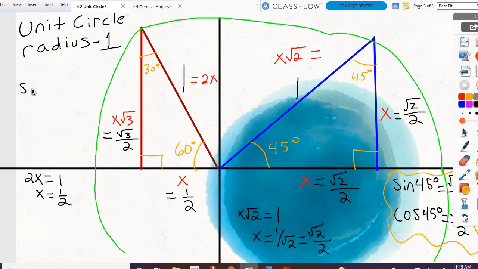So then, sine of 60 degrees would be opposite over hypotenuse. So what do we end up with? Just the opposite one. What about cosine of 60 degrees? So we just end up with 1/2.